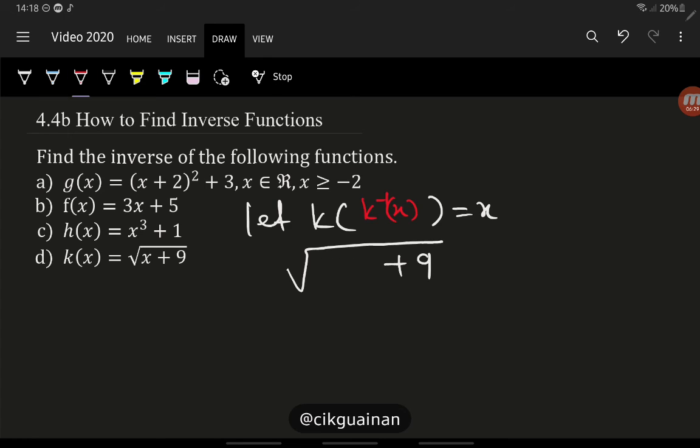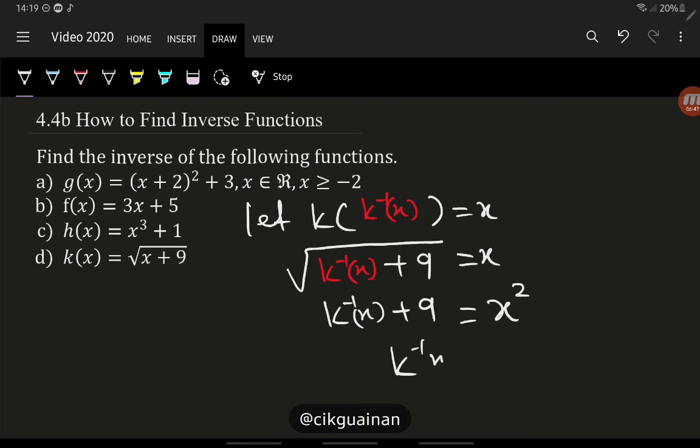But we change the x into k inverse of x, so it equals x. Now we want to remove the square root, so we square both sides. So we have x squared, and we have k inverse of x plus 9. Therefore, k inverse of x equals x squared minus 9. So this is the answer for the last one.